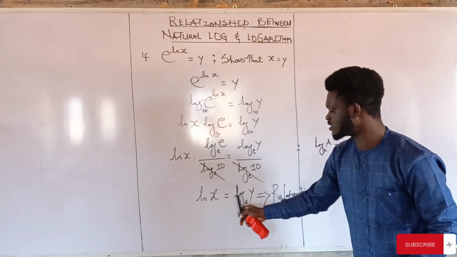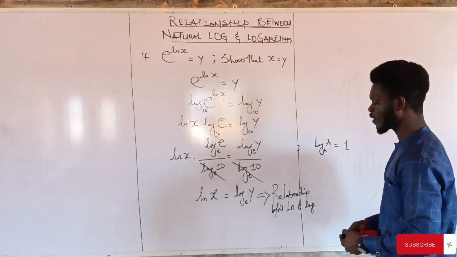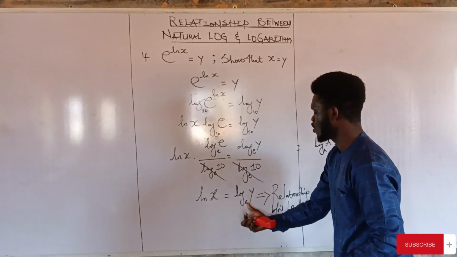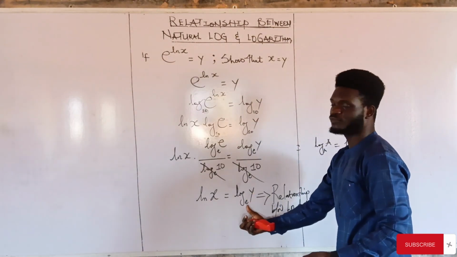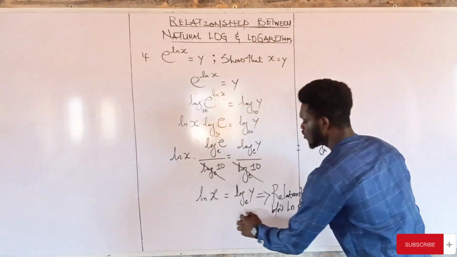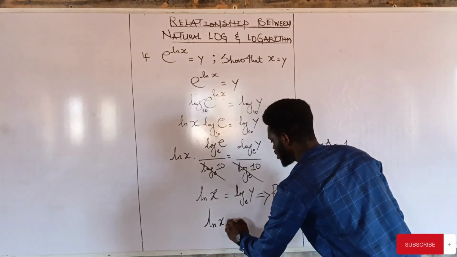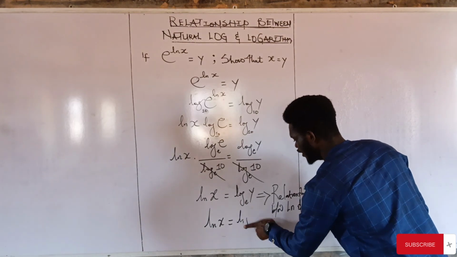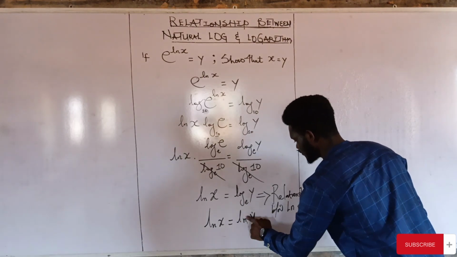And don't forget that x is equal to y. How do I know that? Because if you have noted that ln x is equal to log of y to the base of e, then automatically you can say that ln x is equal to ln y.